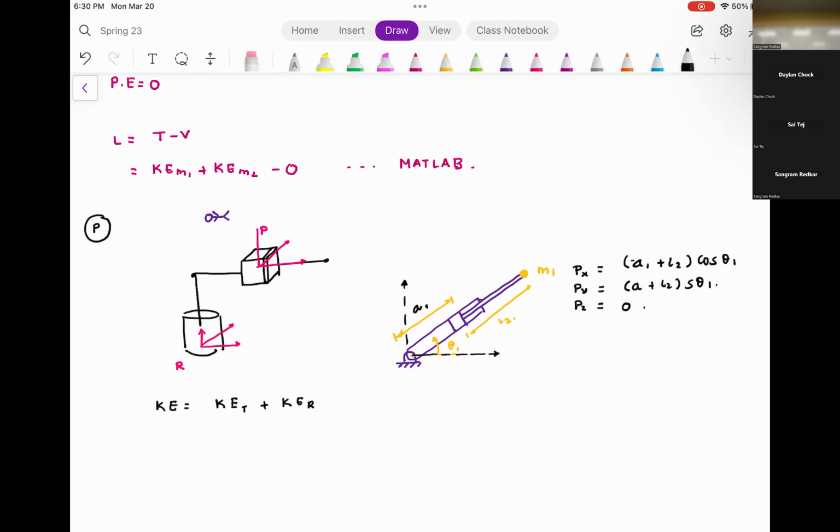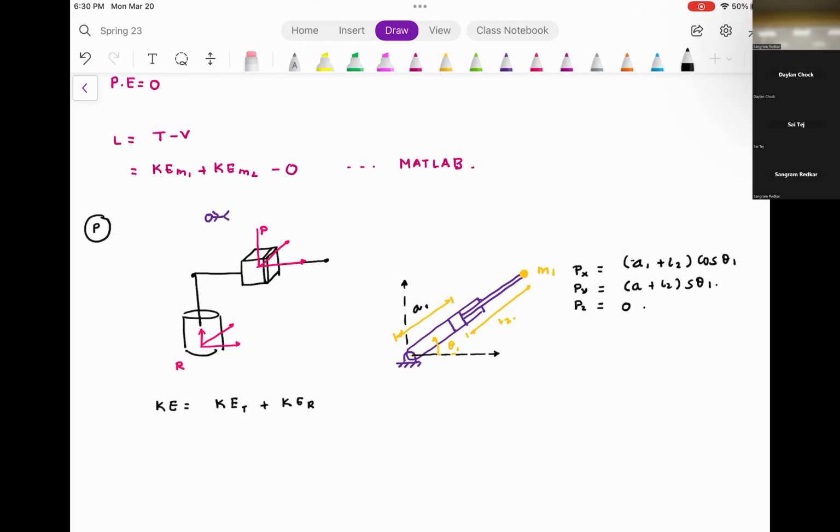If this joint has some mass, then you will have to take into account the kinetic energy of rotation of the first mass, and the kinetic energy of translation of the first mass. Since there is this mass in N2, which I'm calling N1, that's the only mass, you have to take into account the kinetic energy of translation and the kinetic energy of rotation.